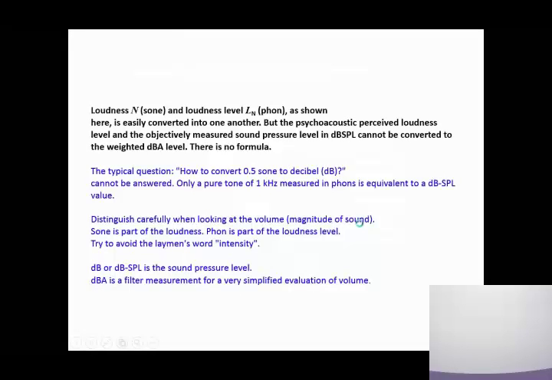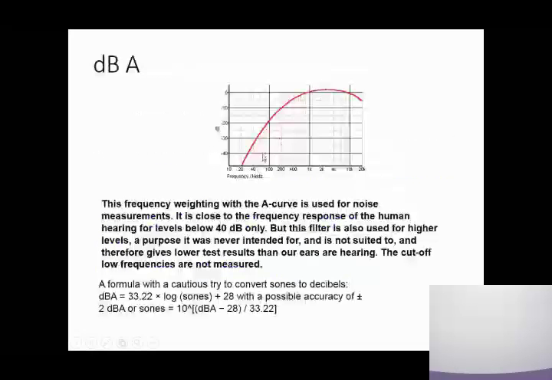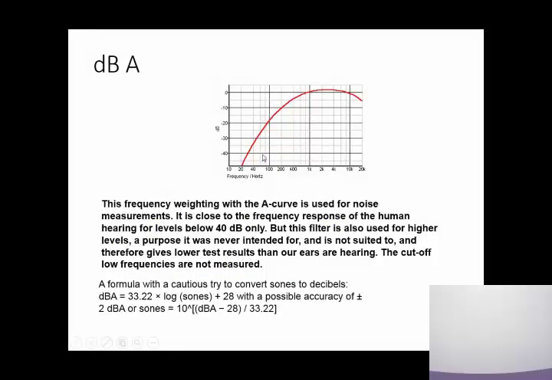The A curve is just a very straightforward filter, which, for technical reasons, can be implemented much more easily. But it's not very close to the hearing, to the 40 dB curve. It certainly hasn't got the decrease between 10 and 20 kilohertz, so the higher frequencies are overrepresented.